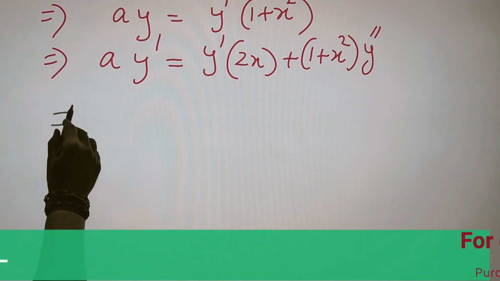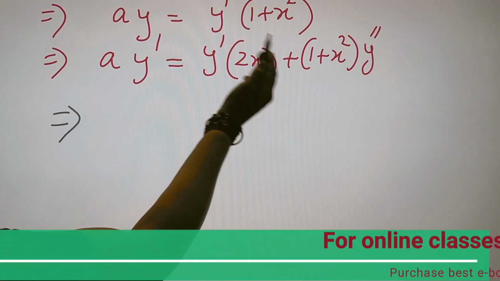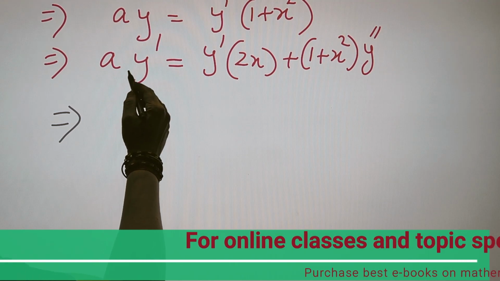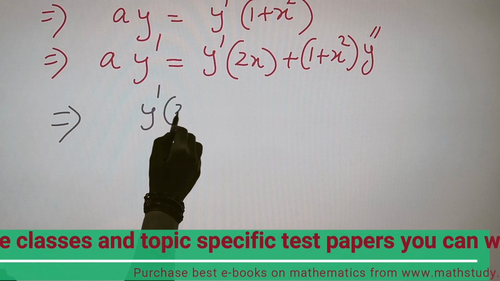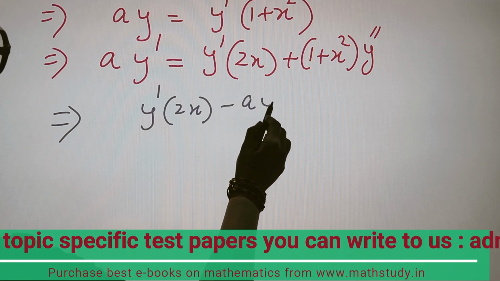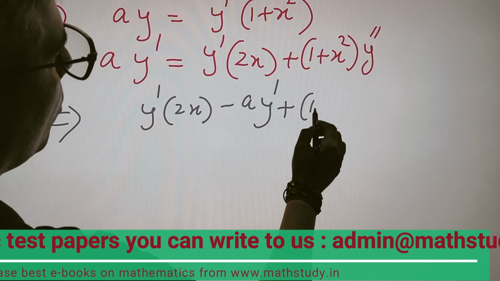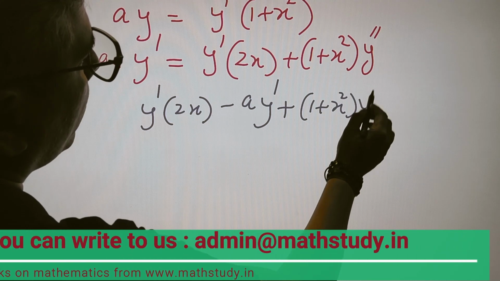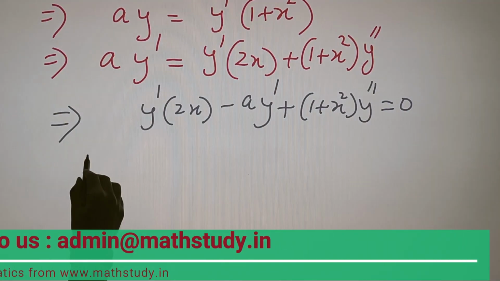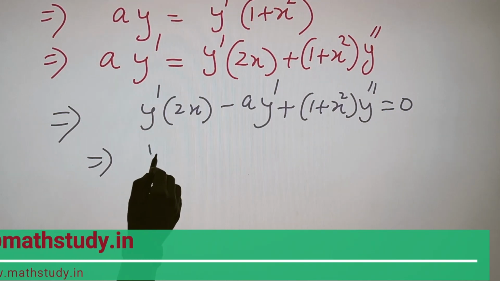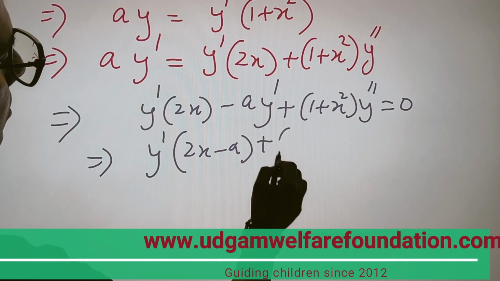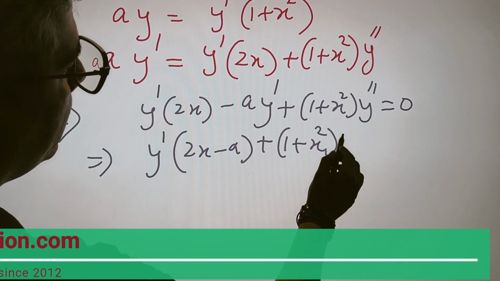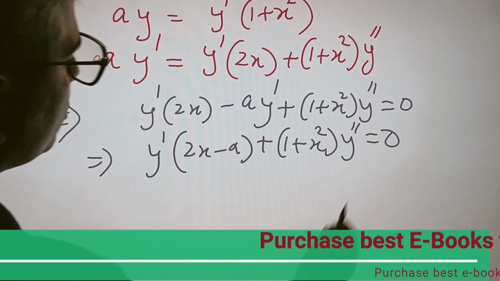So how are we going to get our answer? Now we can take this part towards the RHS. We will get y dash into 2x minus a into y dash plus (1 plus x²) into y double dash equals 0. Now combining these two parts, we will get y dash (2x minus a) plus (1 plus x²) into y double dash equals 0.